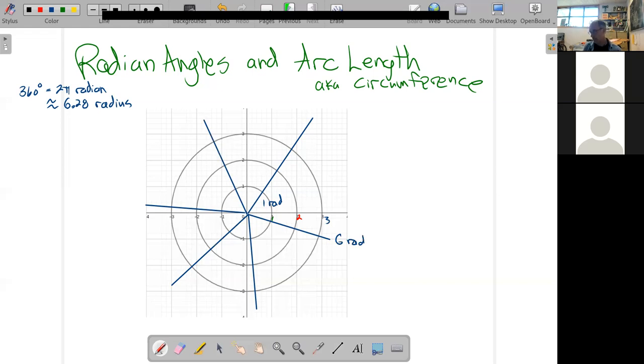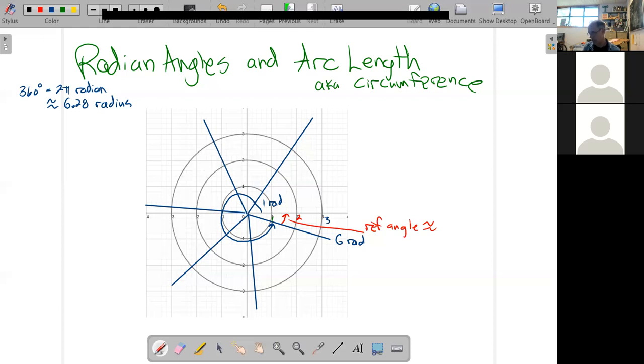Now, 6 radians is the measure from the positive x-axis going counterclockwise to there. This has a reference angle, and the reference angle is the measurement to the closest part of the x-axis right there. And that reference angle is going to be approximately what I need for a full rotation, and a full rotation is about 6.28.